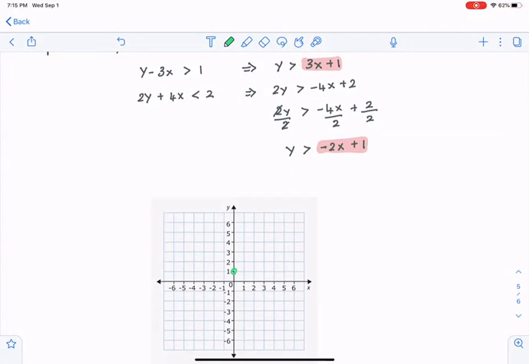I get 3 plus 1, I would get 4. When x is minus 1, 3 times minus 1 is minus 3. Minus 3 plus 1 is minus 2. Did some bad algebra there.